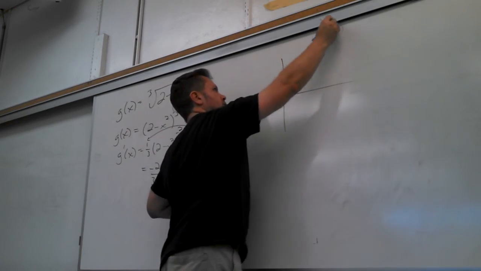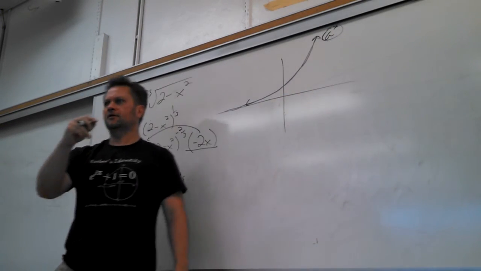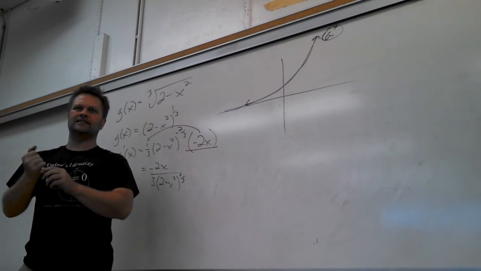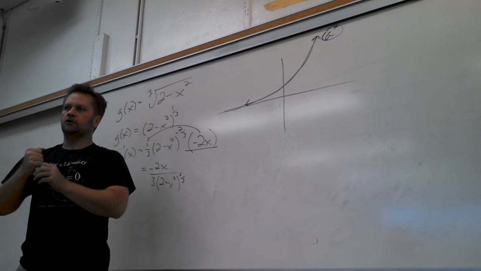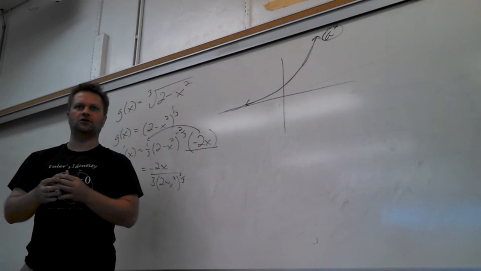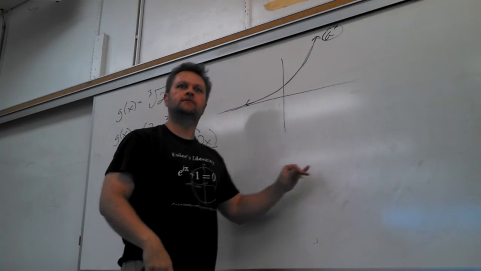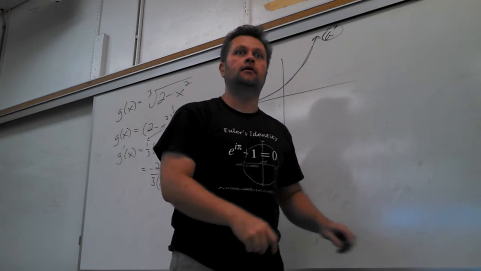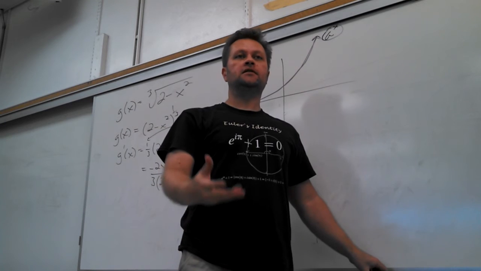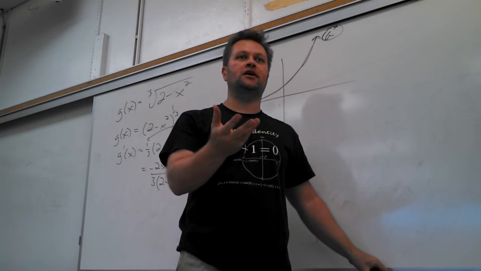So there's one exponential function whose derivative is itself. But what does that mean? What does it mean if the derivative is the function itself? All it means is it's the easiest derivative question ever.